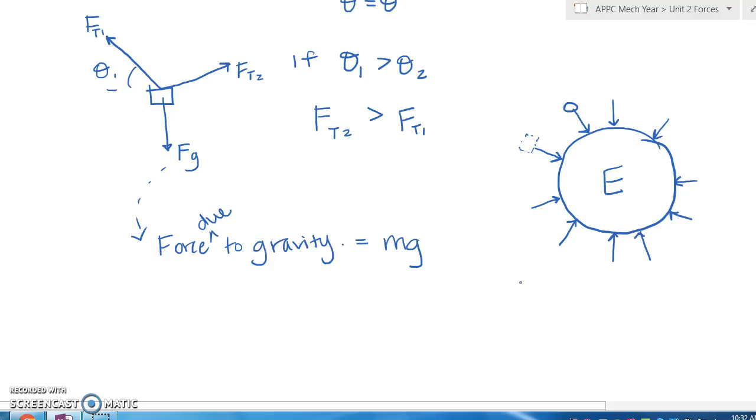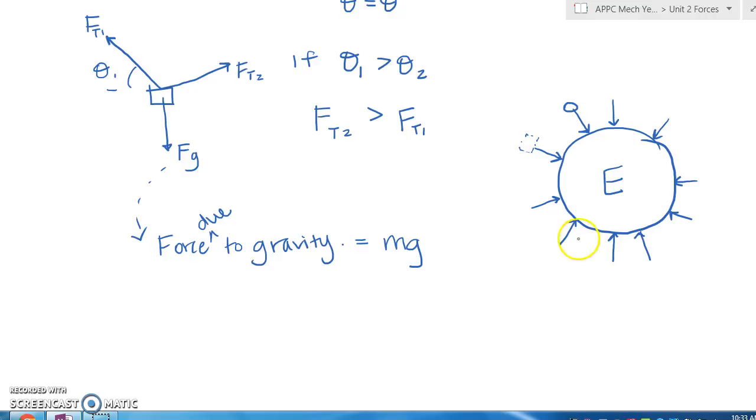So fields apply a force to a particular type of particle or object. So because there is mass and it is in a gravitational field, there will be a force on it, and we call that force the weight force. So it's just like the weight you've learned before, I'm just giving you more detail and exactly what it means.